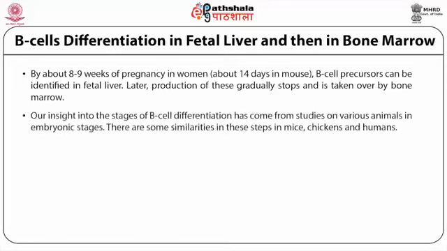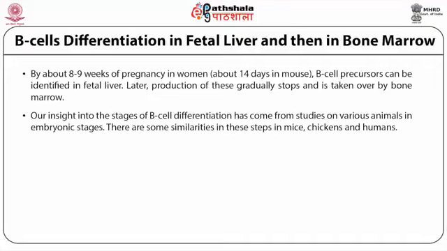Our insight into the stages of B cell differentiation has come from studies on various animals in the embryonic stages. There are some similarities in these steps in mice, chickens, and humans.